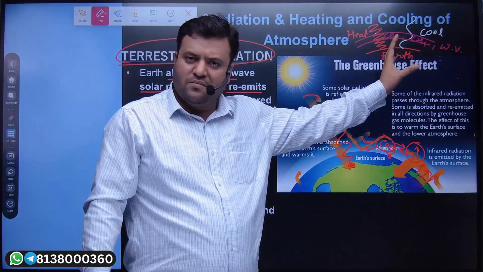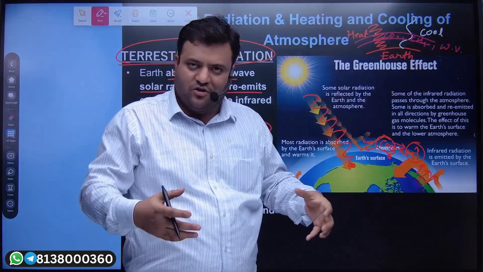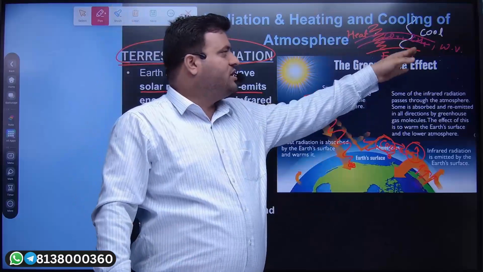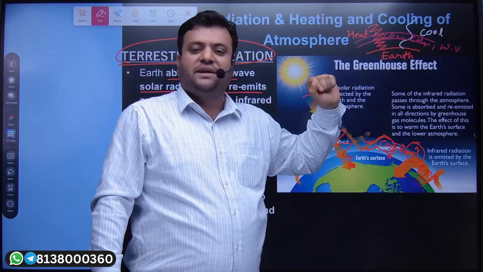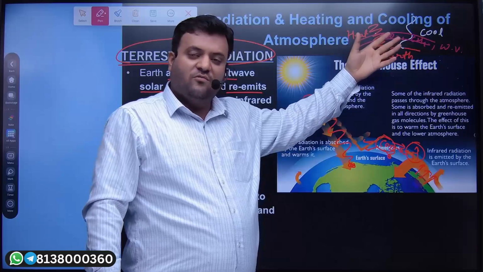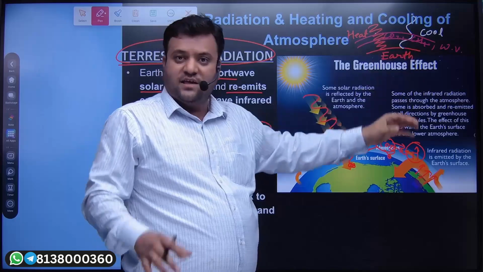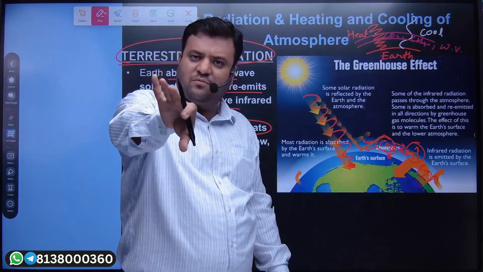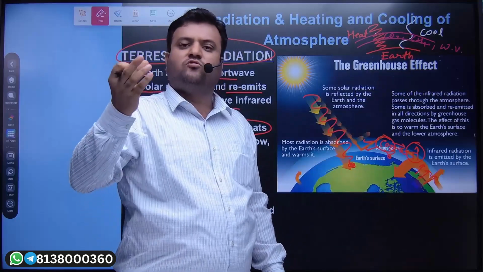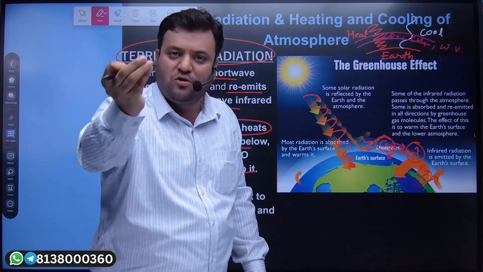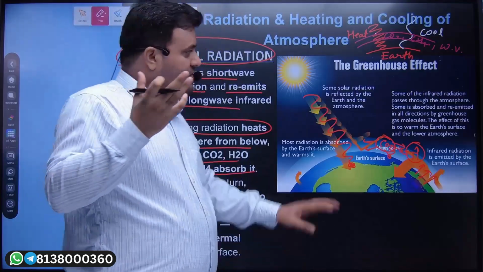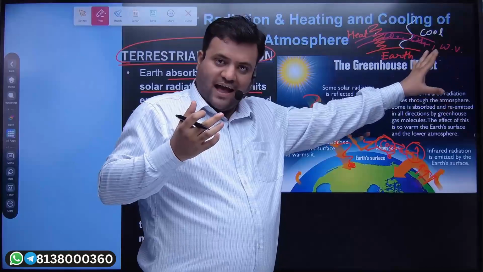I hope you remember in volcanic eruption we learned that because of the volcanic eruption we could have CO2, methane, and water vapor in our atmosphere. And because of that, there are naturally occurring greenhouse gases, in order to make our atmosphere warm to some extent so that habitable conditions could be developed on our earth's surface. They are natural as of now.